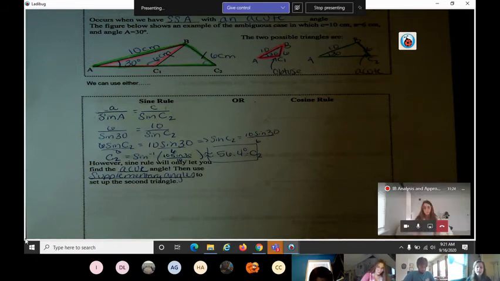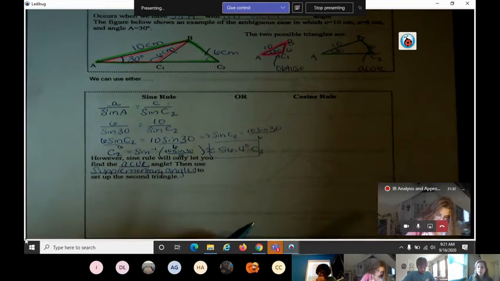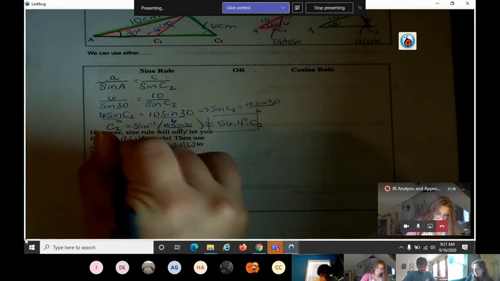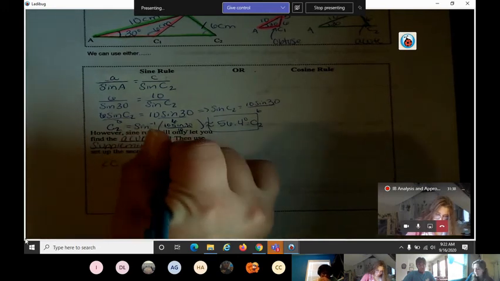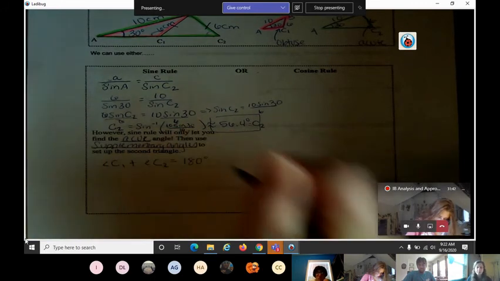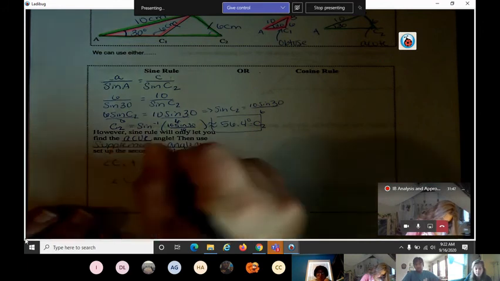Okay, so now we have to use supplementary angles to set up the second triangle. One fun property is that angle C1 plus angle C2 are supplementary, which means they add to 180. So I can solve for angle C1.